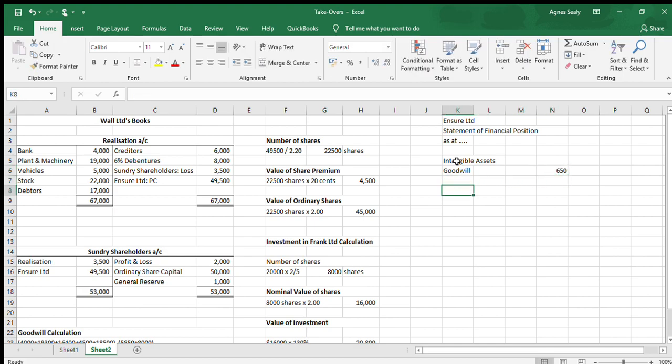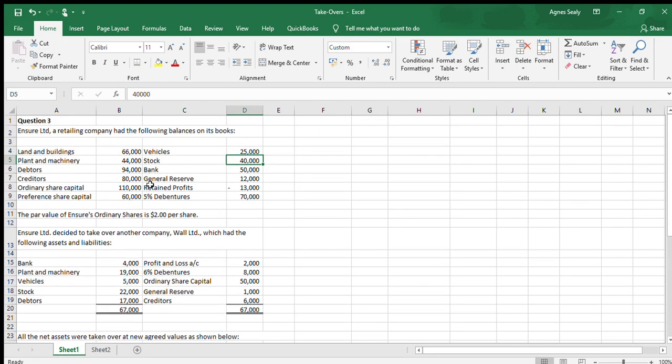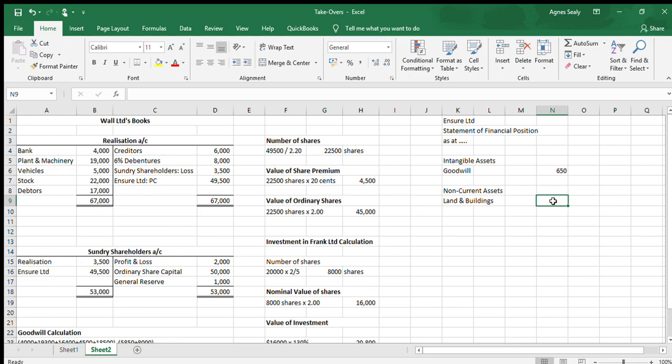Then we have our non-current assets, and we have land and buildings. Ensure has land and buildings of $66,000.